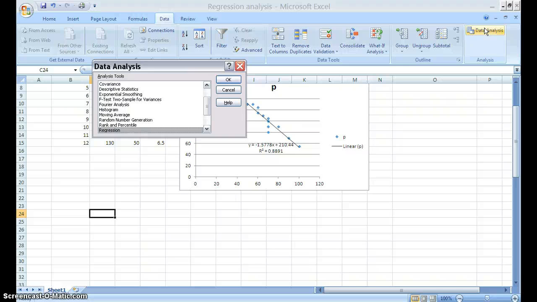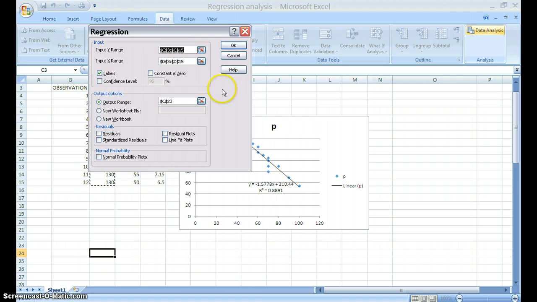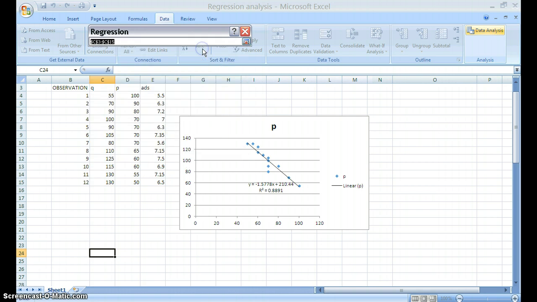So this is the data analysis tool pack, and of all the options I'm picking regression. Let me go now to OK, and first, my Y range is the Q's.